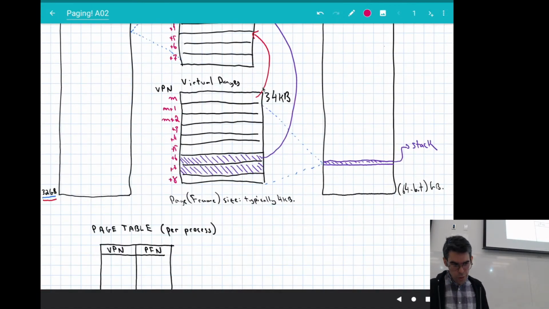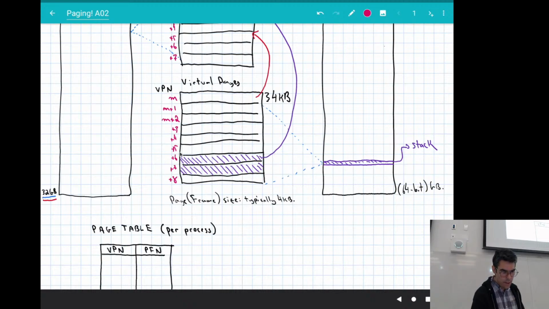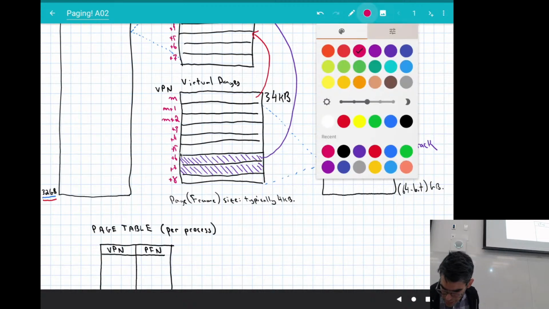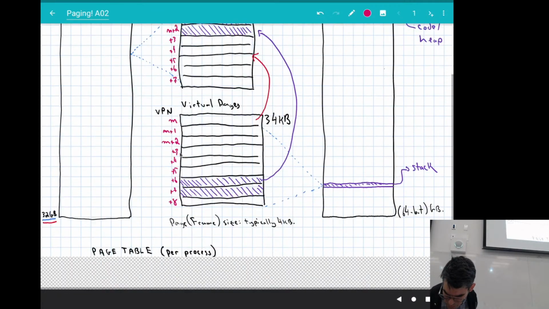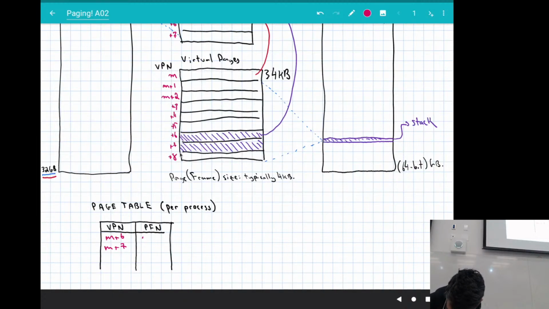For these two entries that we have in our virtual address space here, we're going to have entries like this: M plus 6 and M plus 7 are going to be mapped into N plus 1 and N plus 2.